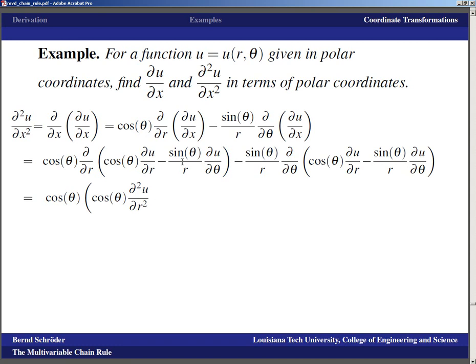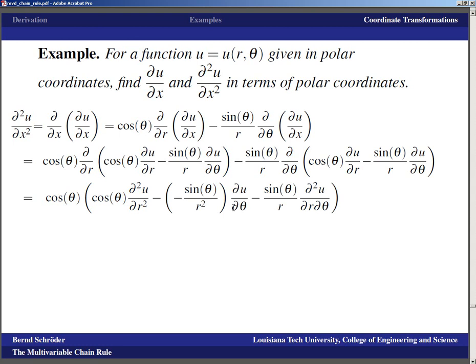Then we have minus. This one depends on r, and this one depends on r also, because u depends on r and theta, right? So on these we can't drop anything. So we get minus the derivative of the first with respect to r, which, because we've got sine theta times r to the -1, will be -1 sine theta r to the -2, times the second one, which is partial u with respect to theta.